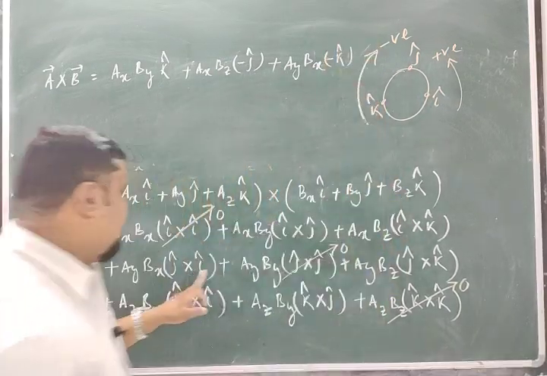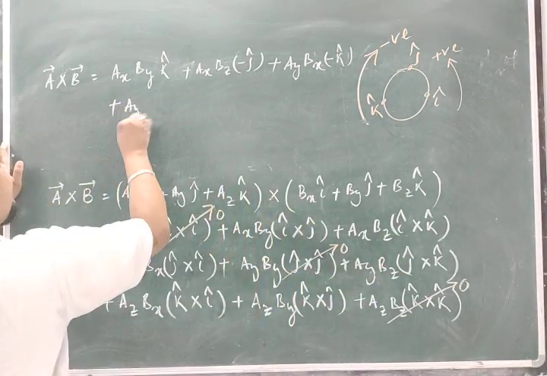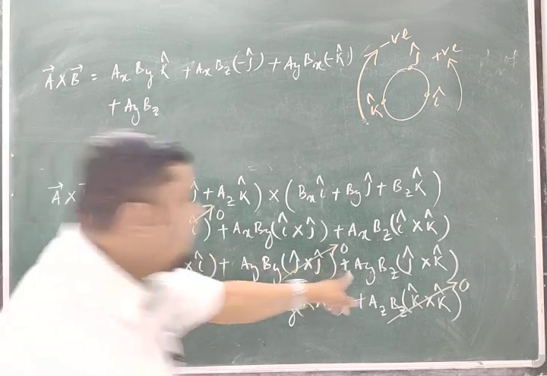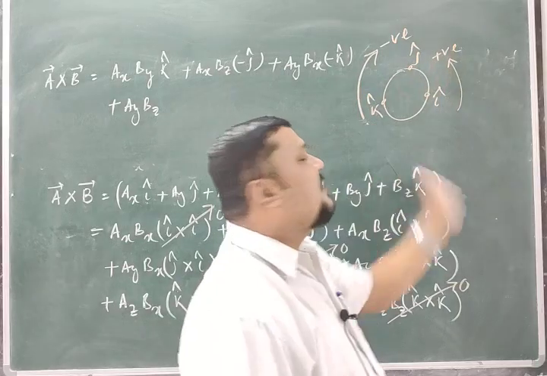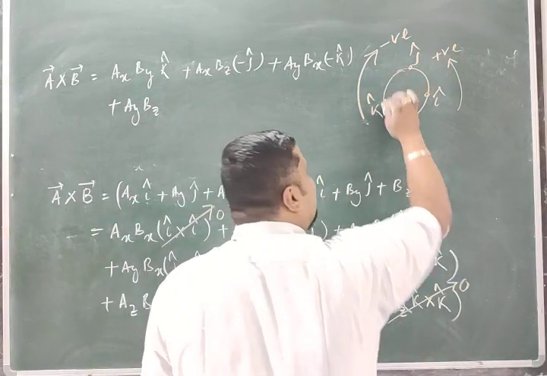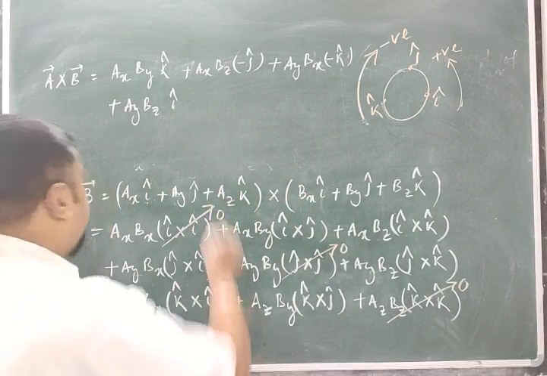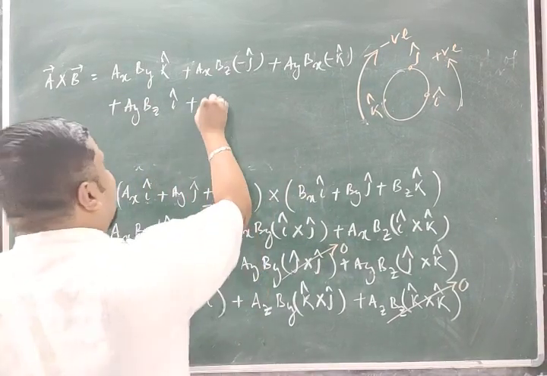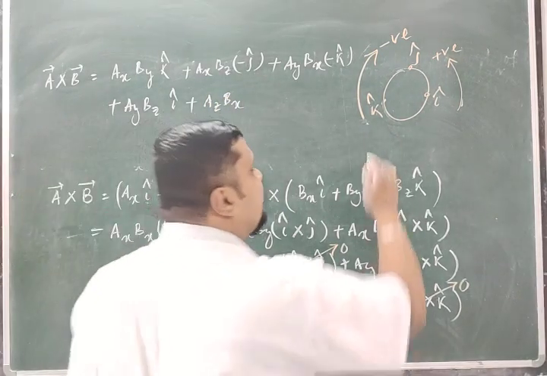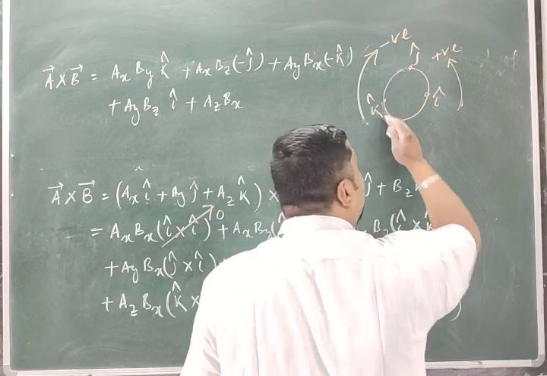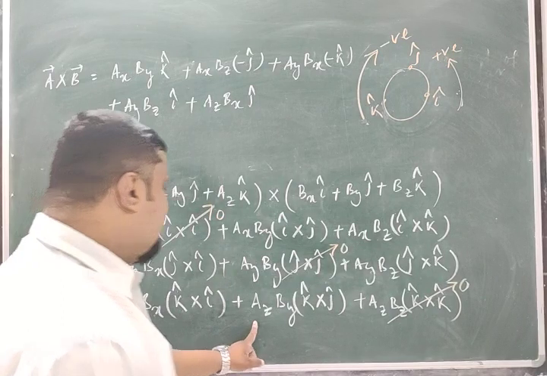Then plus this term, ay bz, j cross k means anti-clockwise, this direction, so it is positive, so i cap is positive. Then plus az bx, k cross i, what? This is positive, j cap.